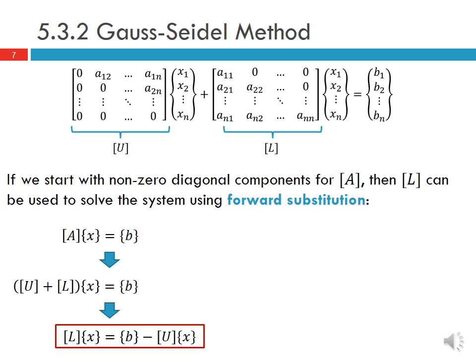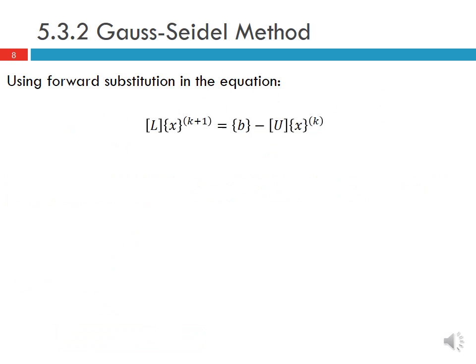So we'll use this equation to find x at iteration k plus 1 based on iteration k. And we can solve for this x here using forward substitution, using the approaches that we talked about in the previous sections. So using forward substitution for this equation, Lx at iteration k plus 1 is equal to b minus Ux at iteration k.